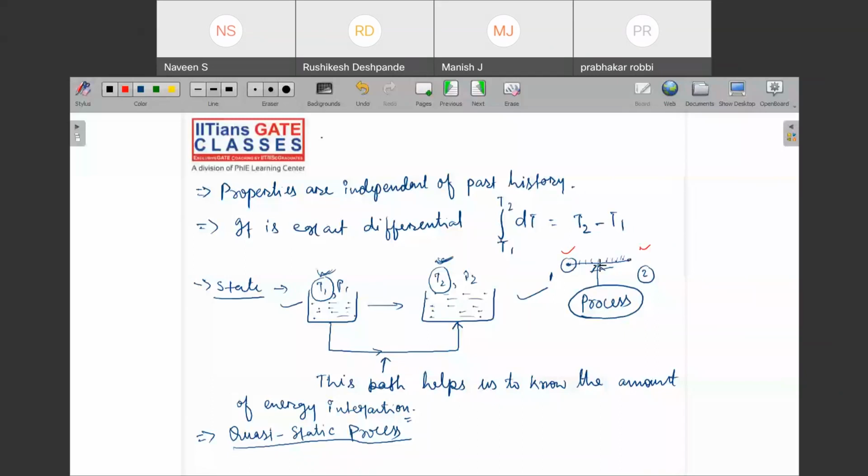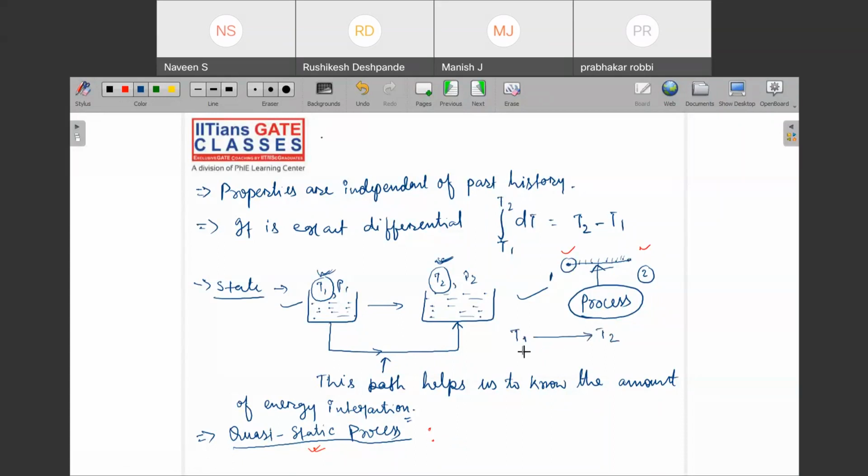So the quasi-static process helps you understand this. Quasi means almost, and static we know is static. So what does quasi-static mean? That you are almost in an equilibrium condition every time during this process. What does it mean physically? If I was at T1 and approaching T2, there must be some change.